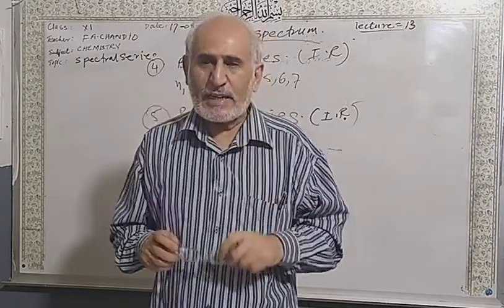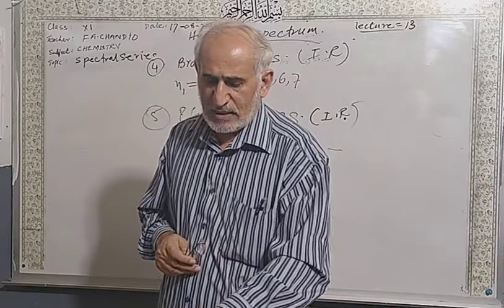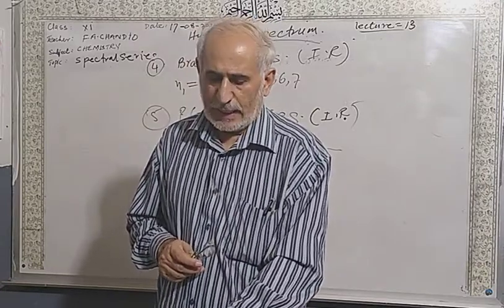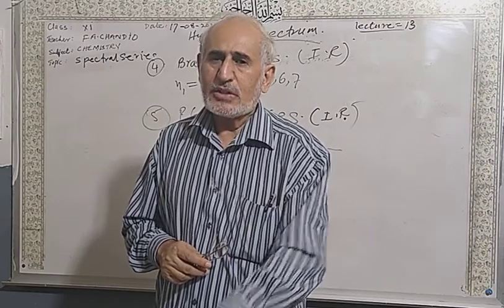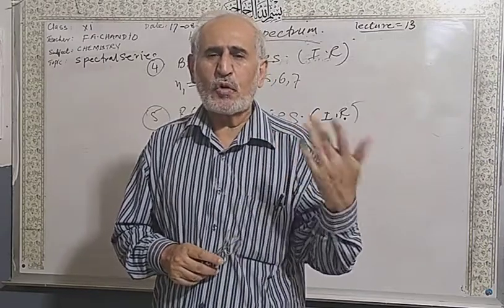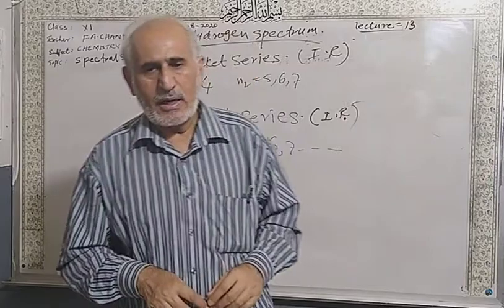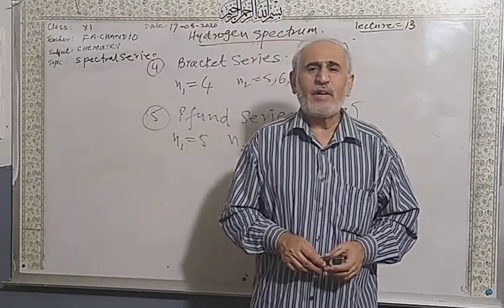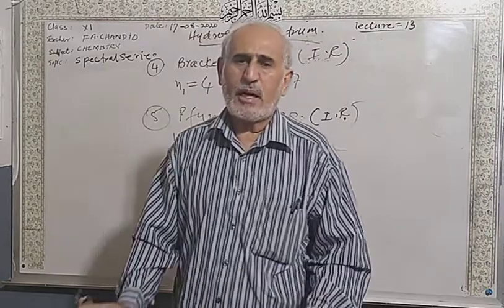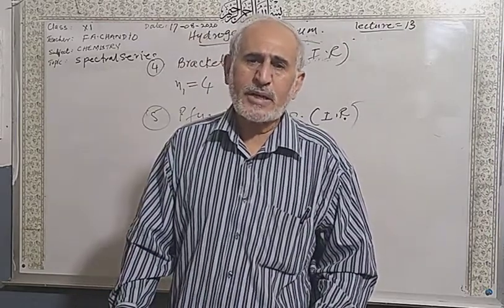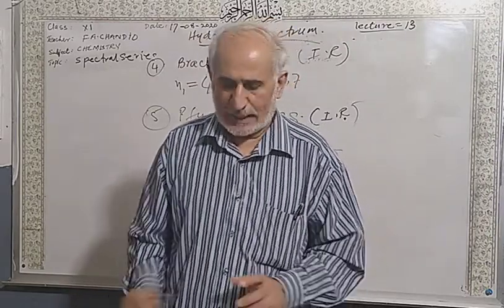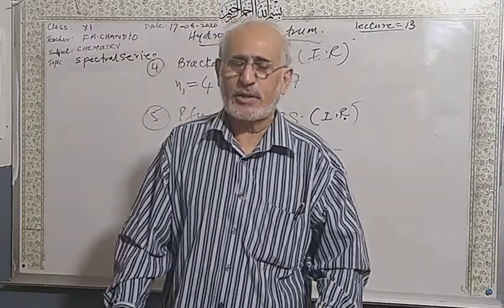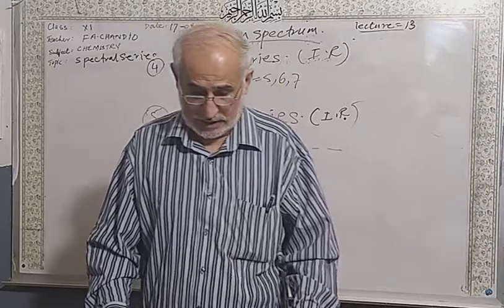For the Lyman series, it starts at n1 and then goes to 2, 3, 4, 5, 6. The values are given. You can calculate the wave number as well as wavelength. The units are nanometers as well as angstrom. Here this unit is nanometer. You can change into nanometers.